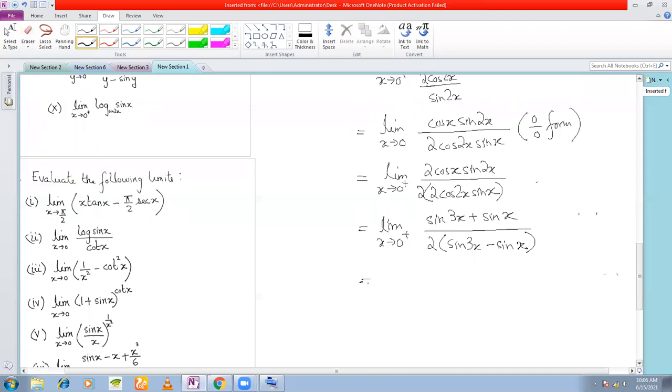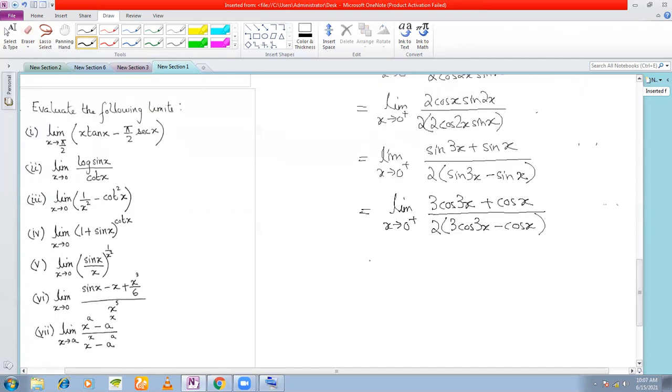Okay. Now we shall apply L'Hospital's rule. This is 3 cos 3x plus cos x divided by twice 3 cos 3x minus cos x. Okay. Now if you put x is equal to 0, now you'll get a determinate form.